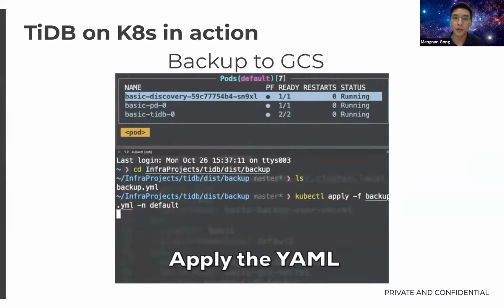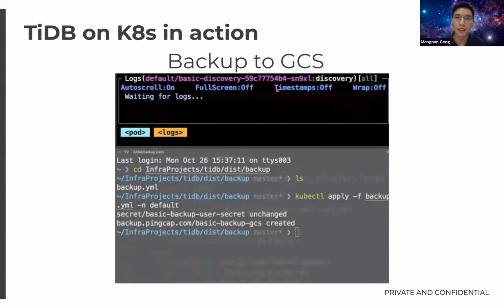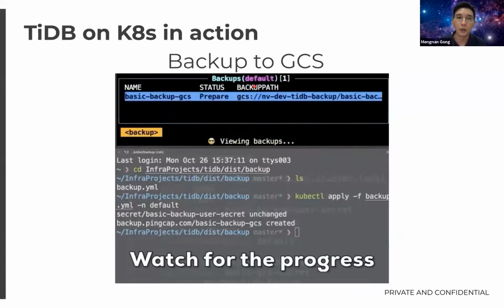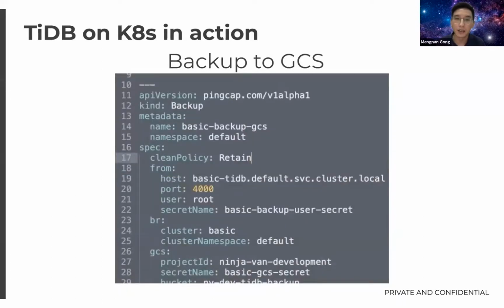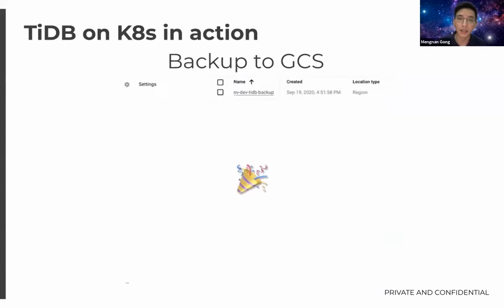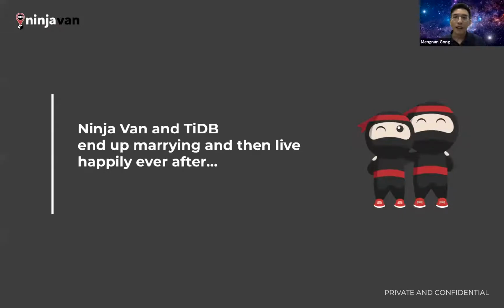After you apply it, you should be able to see the TiDB operator pick it up, and the status is updated while the backup is ongoing. After it is completed, you can see it's already on GCS.